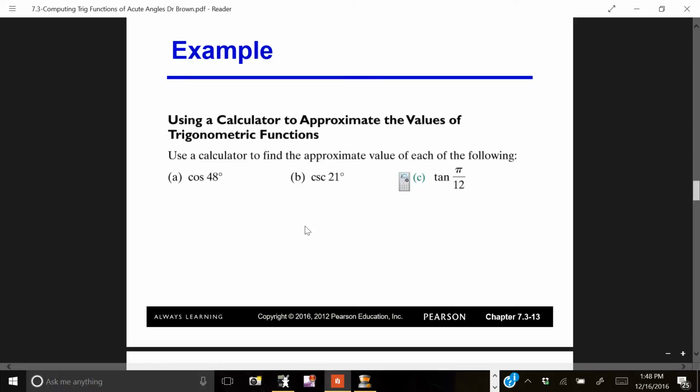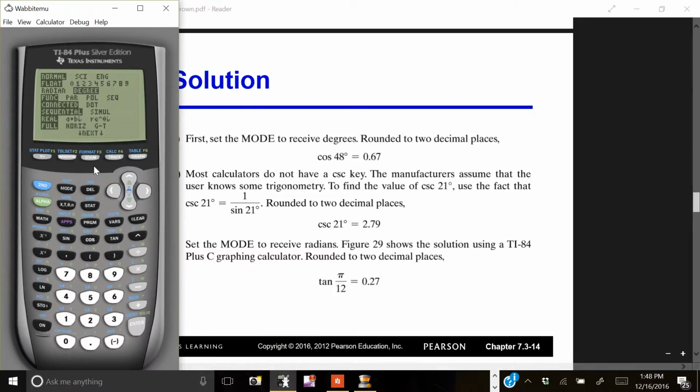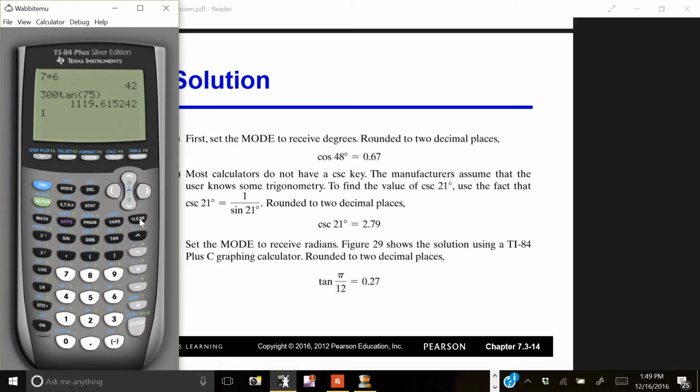So we're going to calculate the cosine of 48 degrees, cosecant of 21 degrees, and the tangent of pi over 12. So let's do this. First, we're going to set the mode to degrees, and we now clear the calculator.